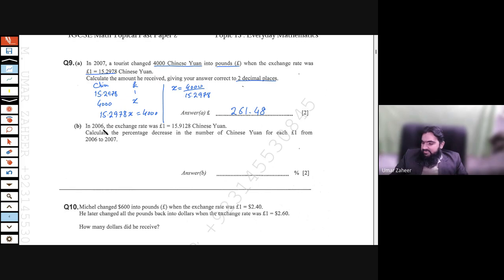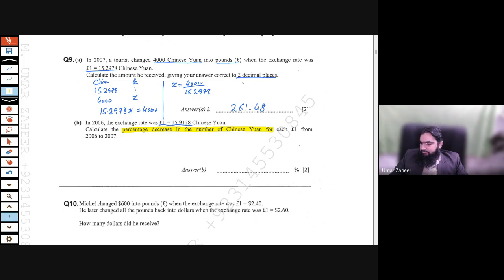In part B, in 2006, the exchange rate is this one. You have to calculate the percentage decrease in the number of Chinese yuan for each pound from 2006 to 2007. All right, so the change is 15.9128 minus 15.2978.